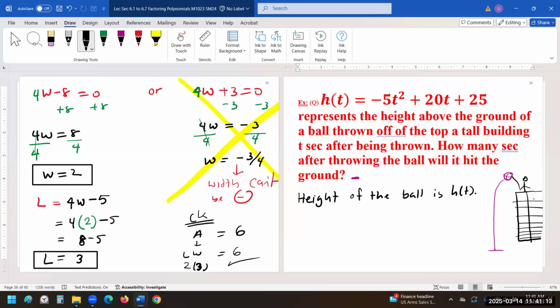The height of the ball is h of t, right? Which is this expression, right? Now, when the ball hits the ground, what's the height of that ball at that time? 0. It hits the ground, it doesn't have any height.